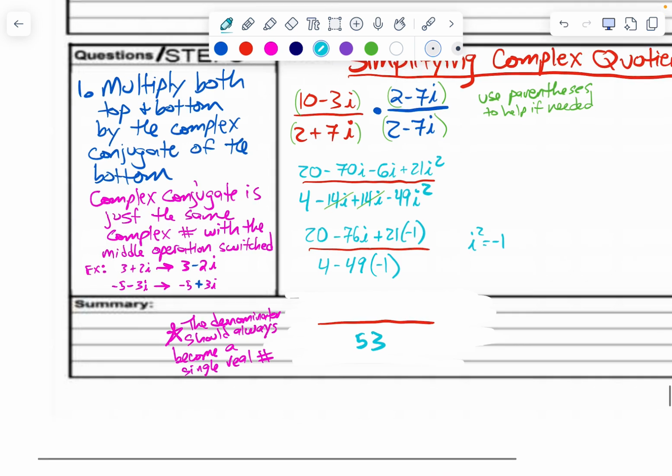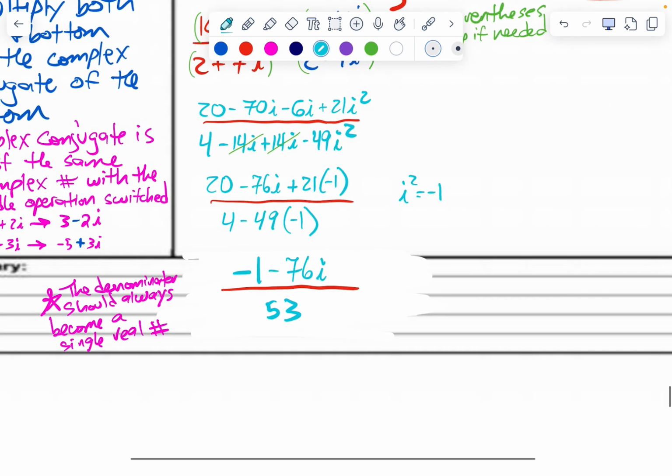Yep. So 20 minus 21, there's our like terms. So negative 1 minus 76i. Now, technically that works. That is sort of in a plus bi form. But we could split the two pieces, the two components up if we want.